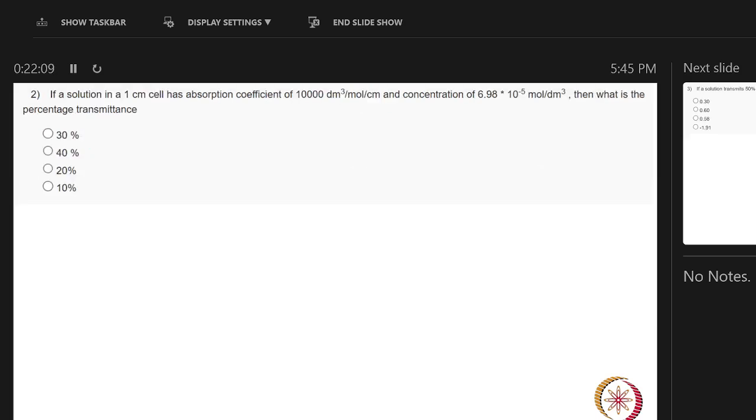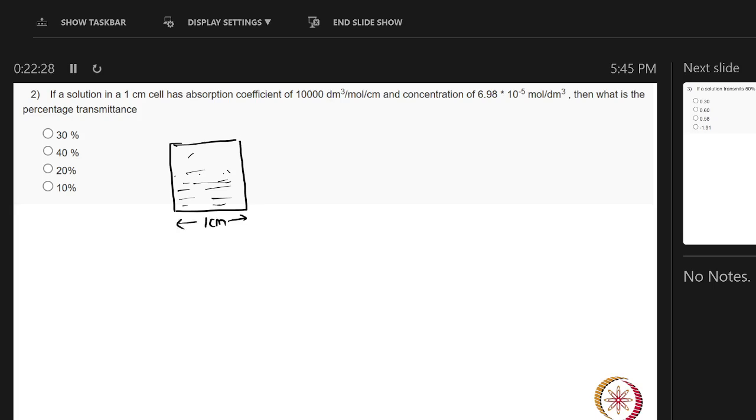So the next question is, we have a cell. We will draw the cell here, and we have some solution here. The length is 1 centimeter.